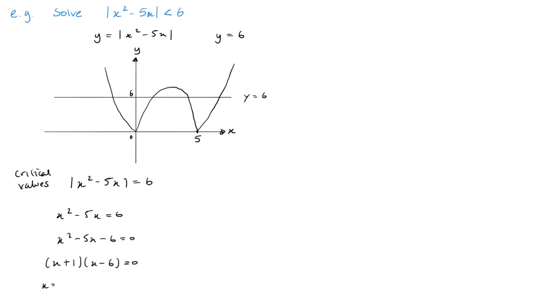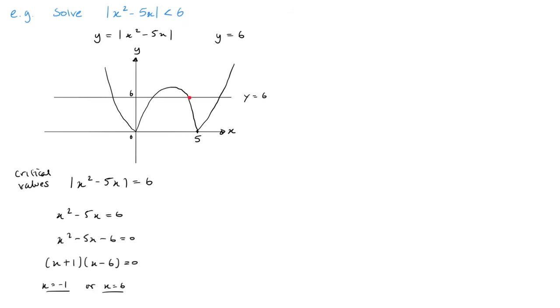So x equals minus 1 or x equals plus 6. And that does make sense on a graph. This is going to be a negative x value, and this is going to be an x value above 5. So that makes sense. Now let's go ahead and find these two values.